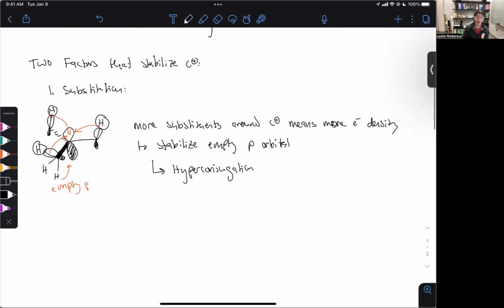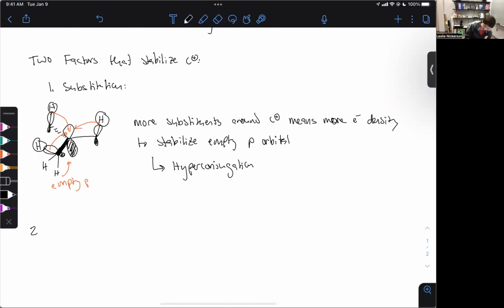Okay, the second factor is our good old friend resonance. That's never going to go away. As we've already seen since the beginning of the semester, if I have resonance, namely this pi bond that can move over, then I'm sharing that charge between multiple atoms, so I don't have it localized onto just one.